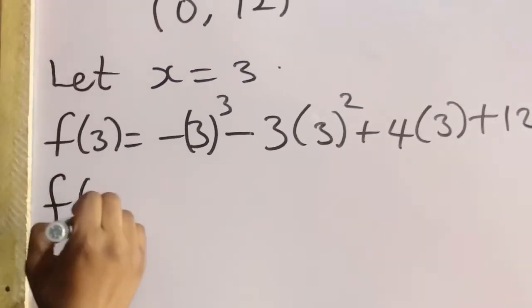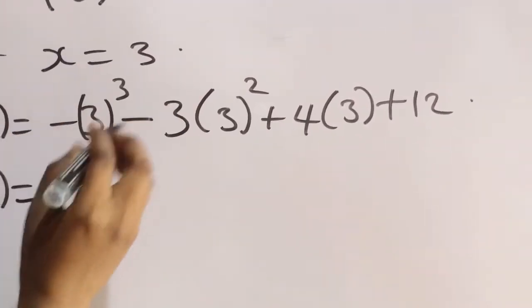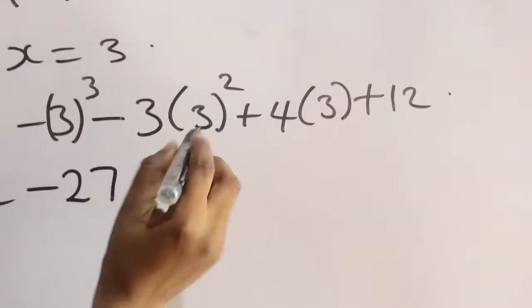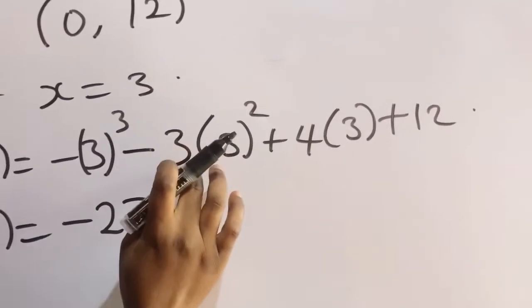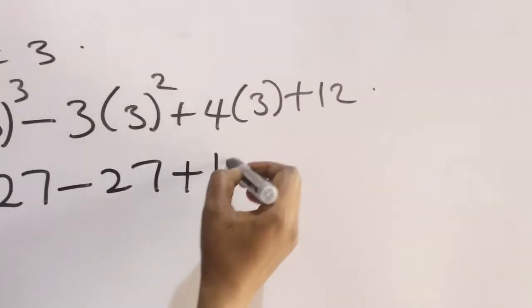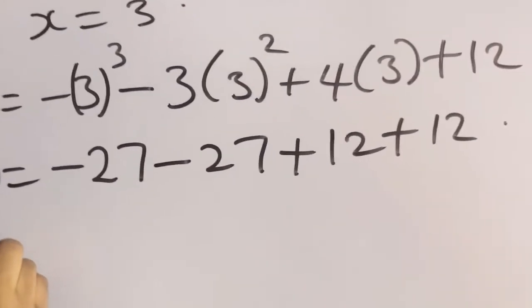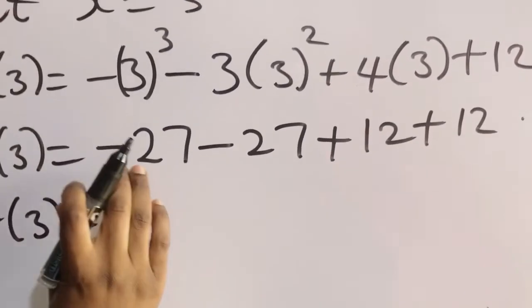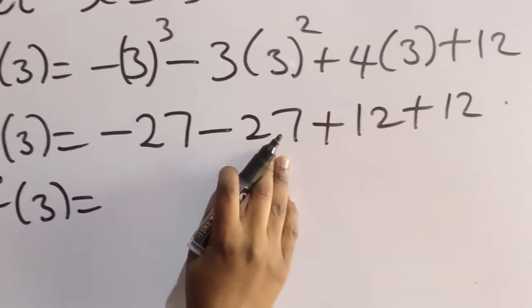So f of 3 will be equal to 3 cubed is 27, so this is minus 27. 3 squared is 9, multiplied by minus 3 is equal to minus 27. Then plus 12. So f of 3 will be equal to minus 27 minus 27 is minus 54.